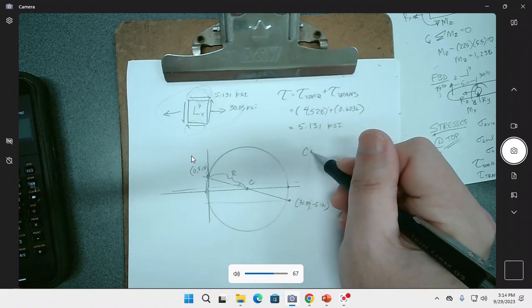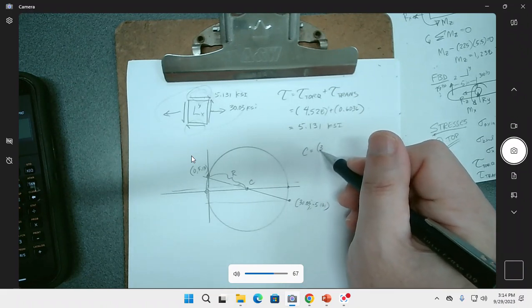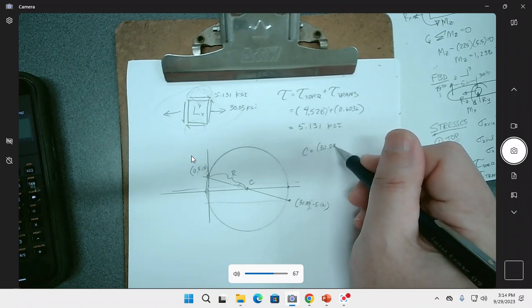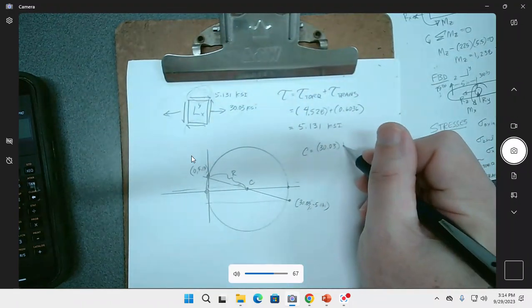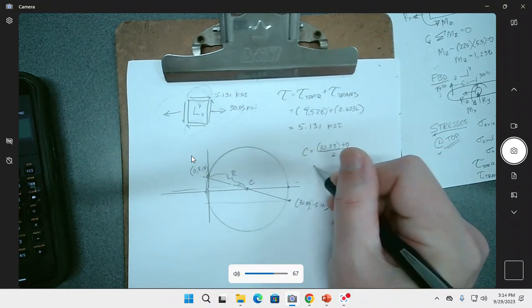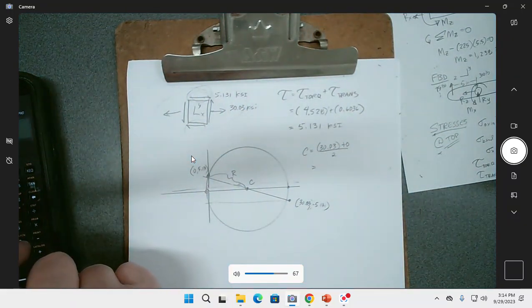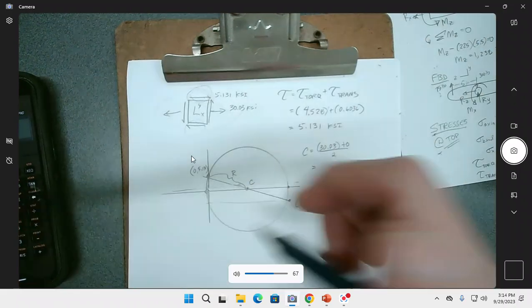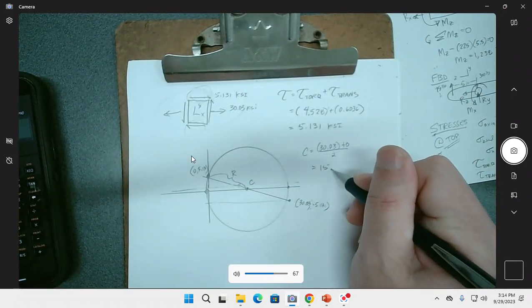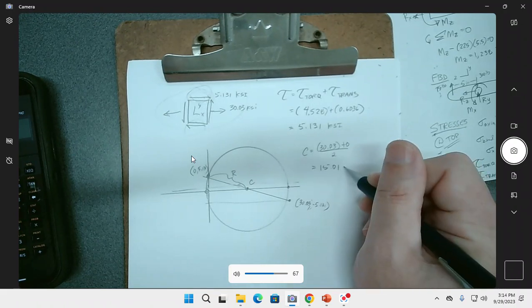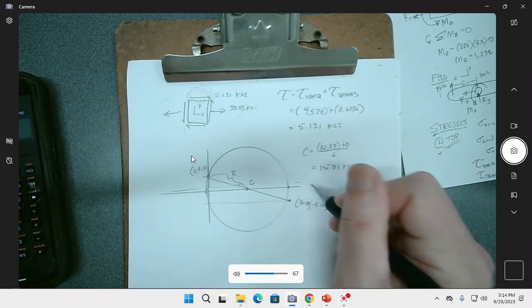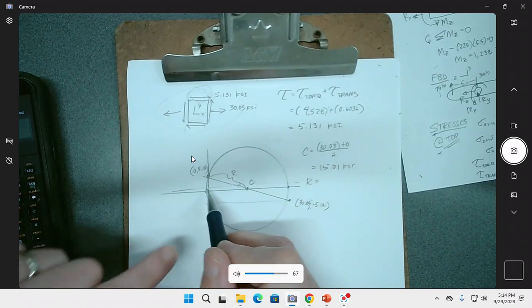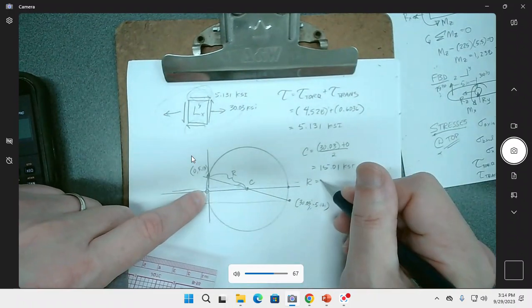So C is going to be equal to just 1/2 of this because there's nothing, you know, I could write plus 0, and I just did. But you could find that you're going to get 15.01 KSI. And then R is fairly easy because that's just going to be this.